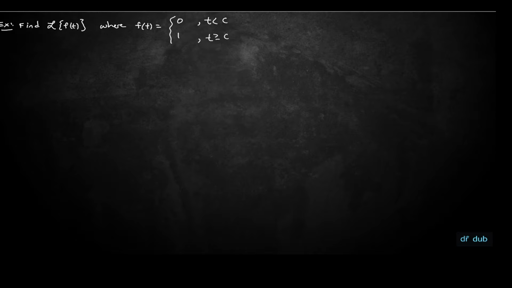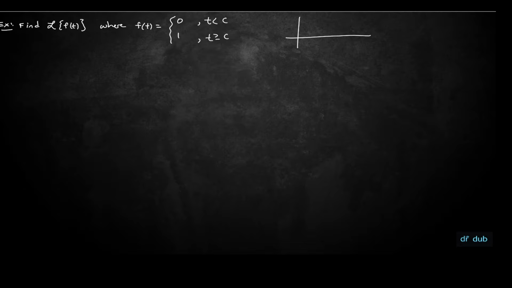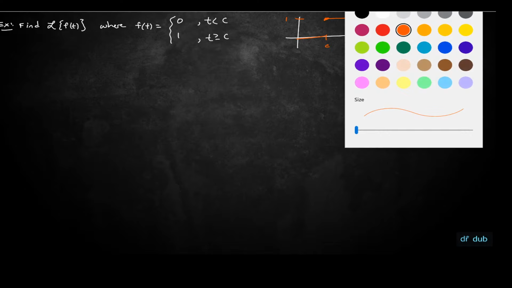So if you graph this function, you have 0 until you get to c. We'll say c is right here. And then you go up to 1. So that's f of t. And we want to find the Laplace transform of this piecewise function.